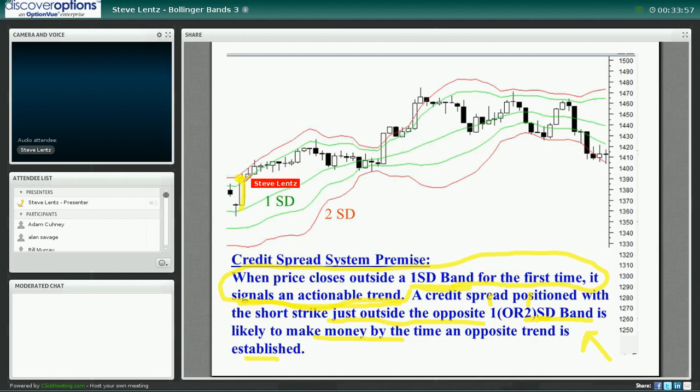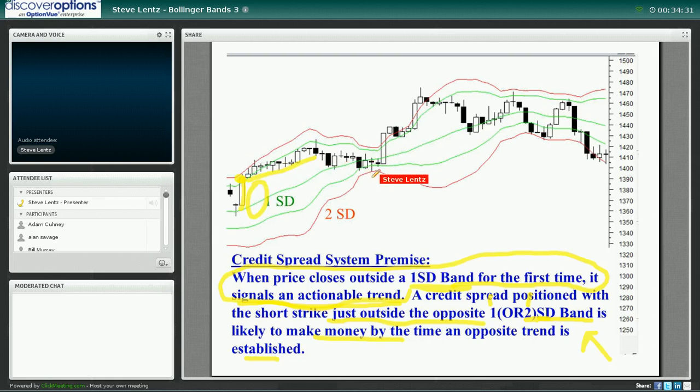Price closed outside of a very reasonable boundary, a line in the sand, where if you're inside the boundary, prices can be choppy, but once you go outside, this market is making a pretty clear statement. It's saying, look, things have changed over the last 20 days. Price is now moving at a greater pace, and it's moving upward in this case.